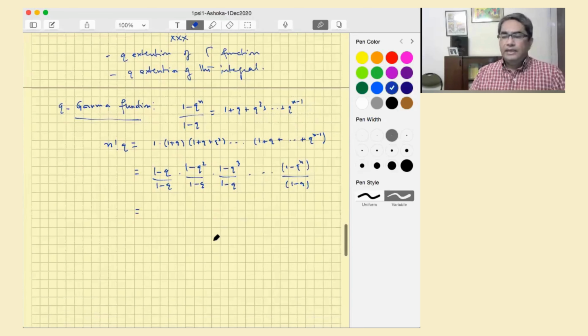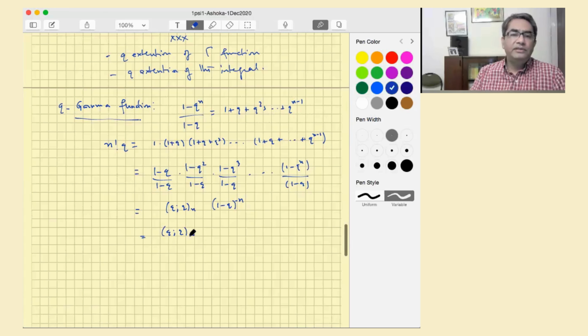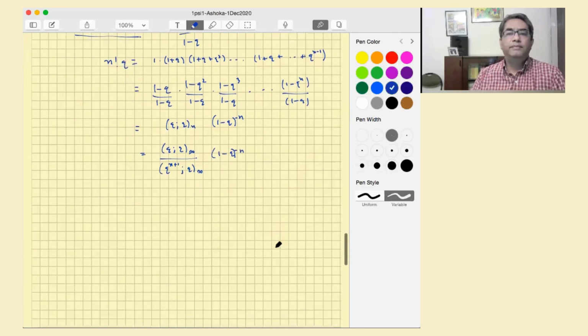And so this is q n times 1 minus q raised per minus n. And using our definition, this is q raised per n plus 1 q infinity 1 minus q raised per minus n.